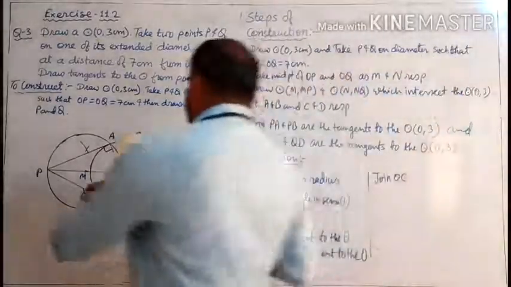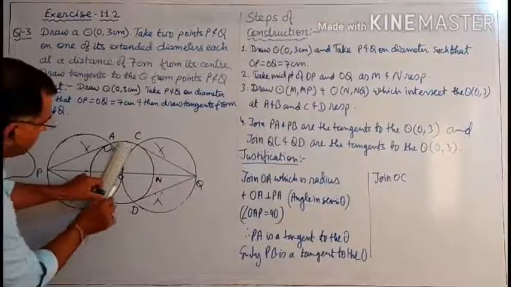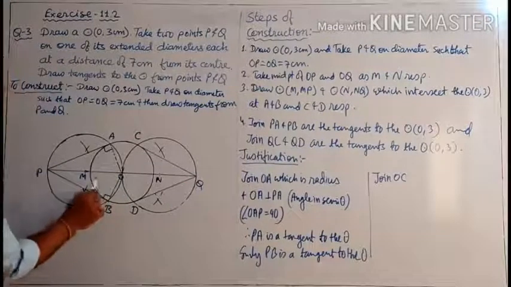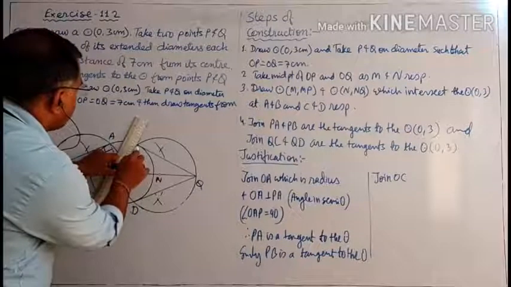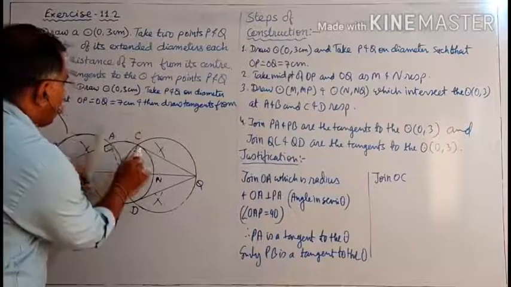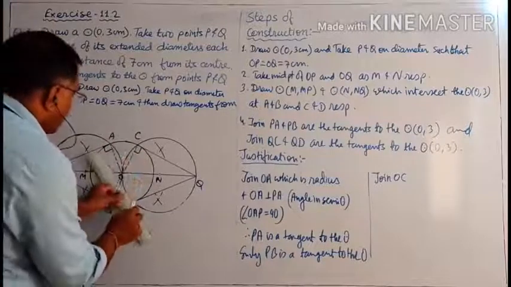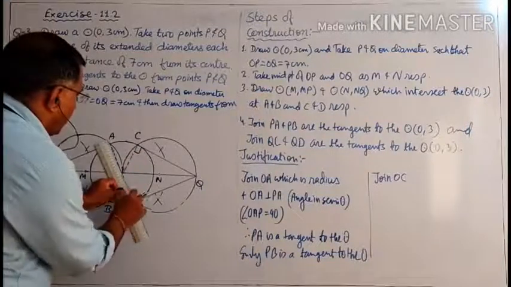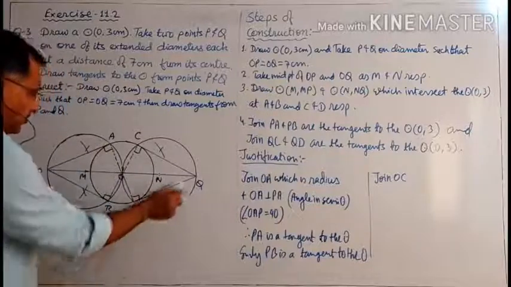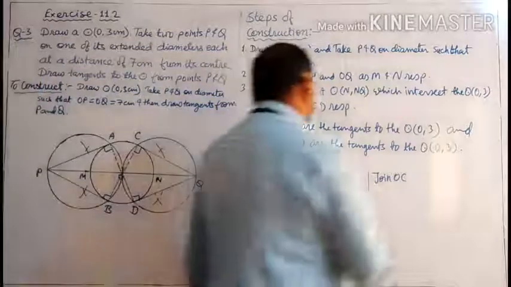Similarly, this also is a tangent because it forms a right angle. Same way from point Q to D, this also forms a right angle. So QC and QD are tangents.